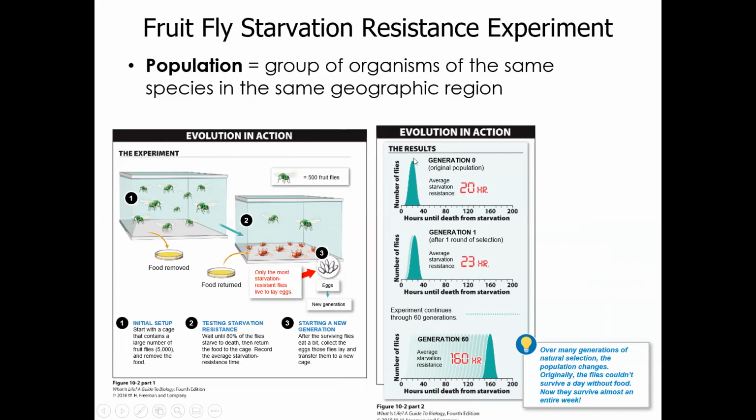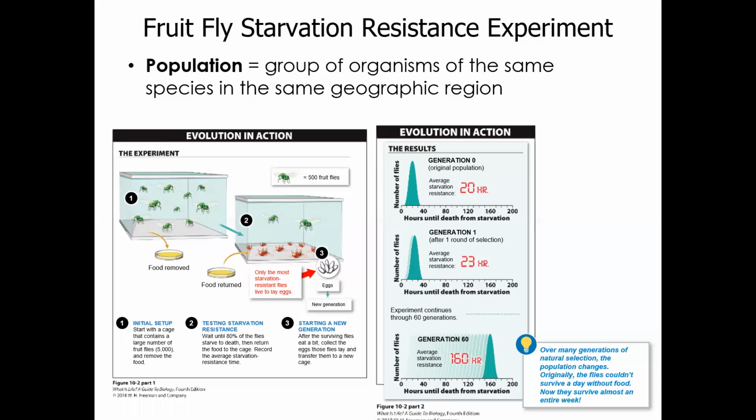But as we perform that starvation experiment, the offspring start to creep up a little bit. That average is now getting a little closer to 30 for generation 1. Then, by continuing to do the experiment over and over again, we push this curve from 20 to 30 hours all the way up to an average of 160 hours.